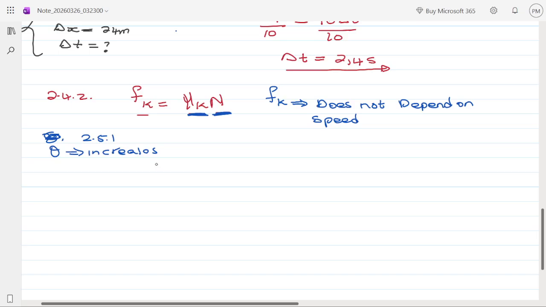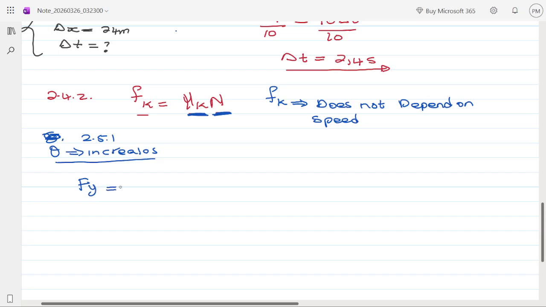So what will happen? The angle increases, then we know that we need to find our Fy, right?